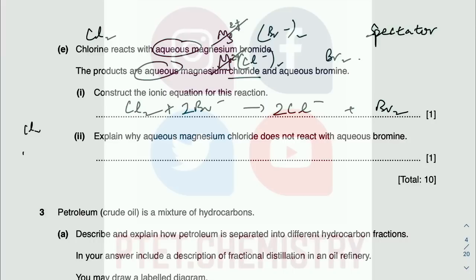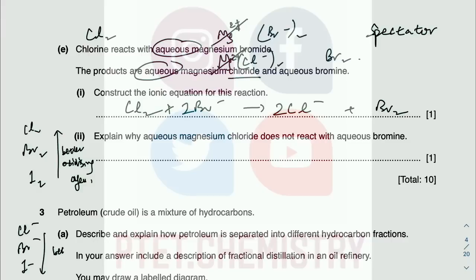So chlorine, bromine, and iodine, going down group 17, these are weaker oxidizing agents. On the other hand, Cl-, Br-, and I- become better reducing agents. So when you are trying to react chloride with bromine, bromine is below chlorine in this series.